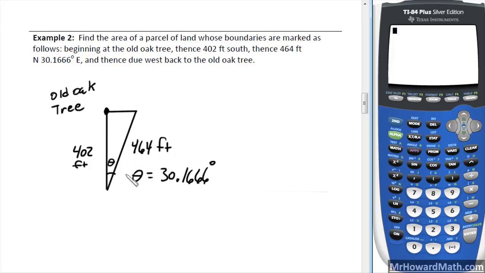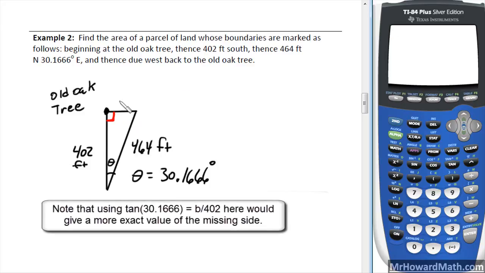Okay, so we want the area. So we need the base and the height of this triangle. If this is our right angle, obviously here, we need this length first. So we can use the Pythagorean theorem or we can use our trig functions. It doesn't matter which. I'll just use the Pythagorean theorem. I'm going to call this side B for the base.